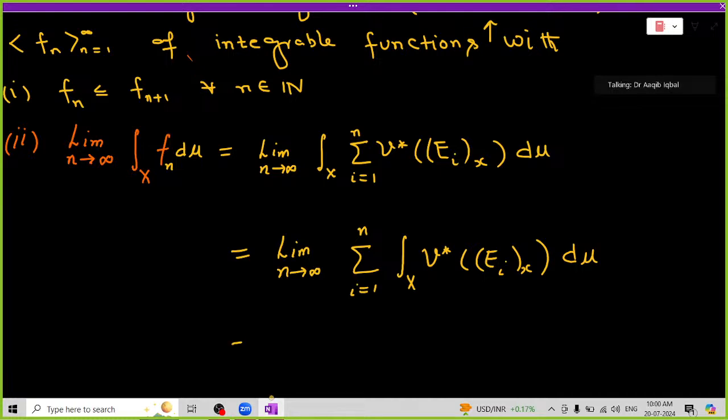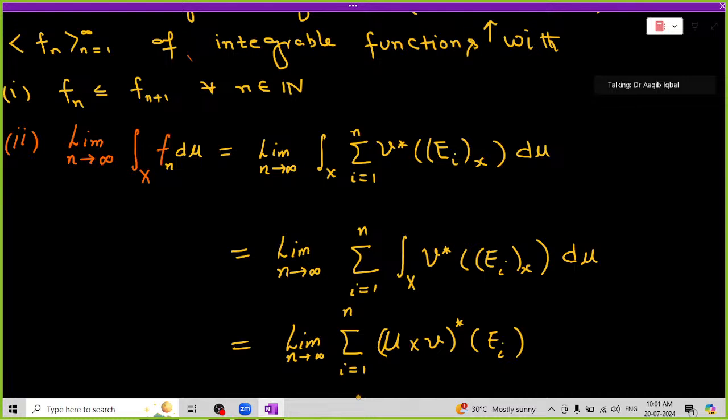ठीक है. So this is equal to limit n goes to infinity summation I runs from 1 to n mu cross nu star of e sub I. This is by case 1 because the result is true for semi-ring members.